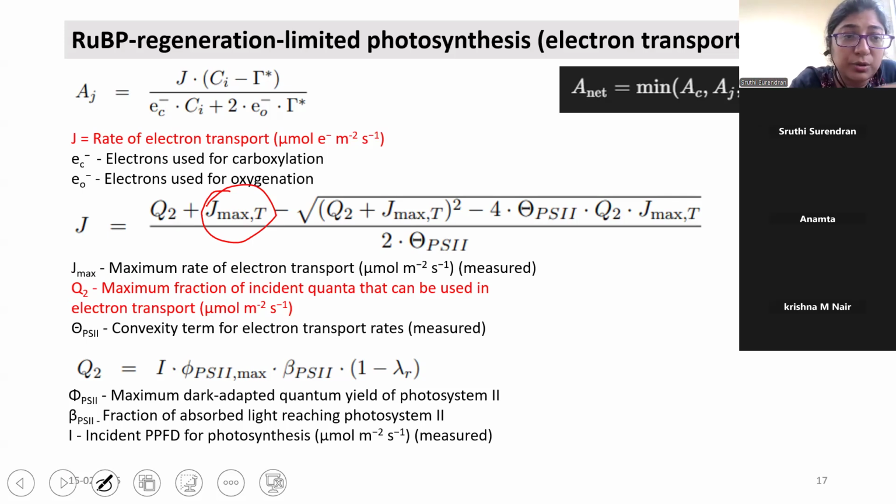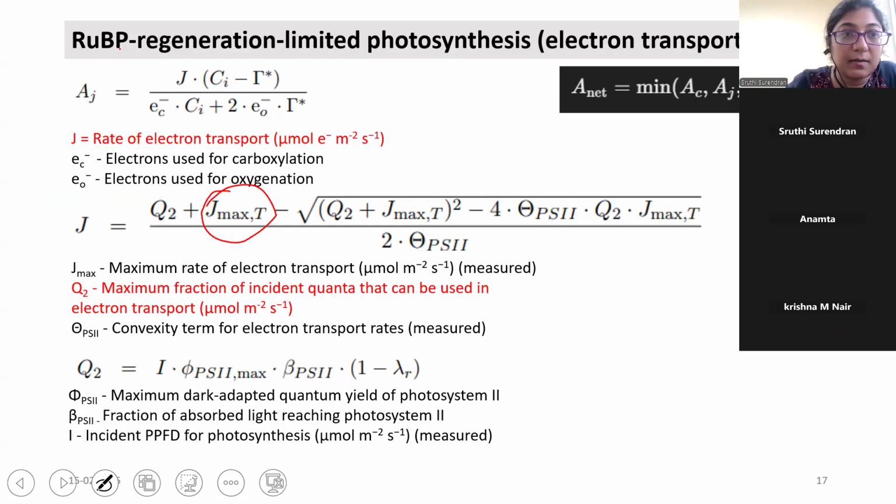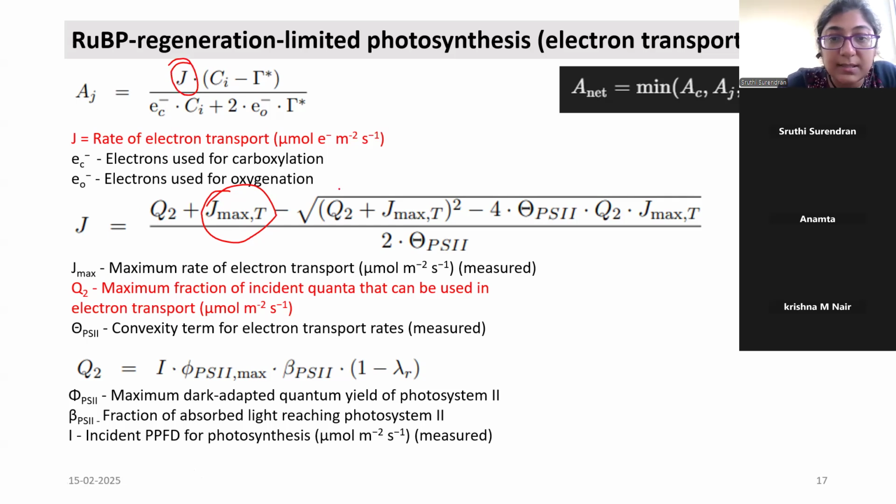So you should look here, in the earlier main equation we had the Vcmax value. But here we don't have the value in the main equation. Instead, this J value is being estimated using another equation. Now, this equation is called the non-rectangular hyperbolic equation.